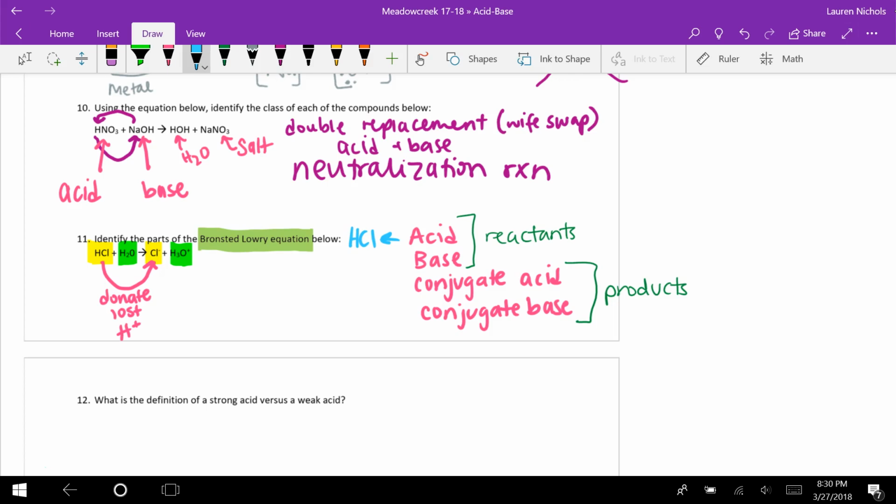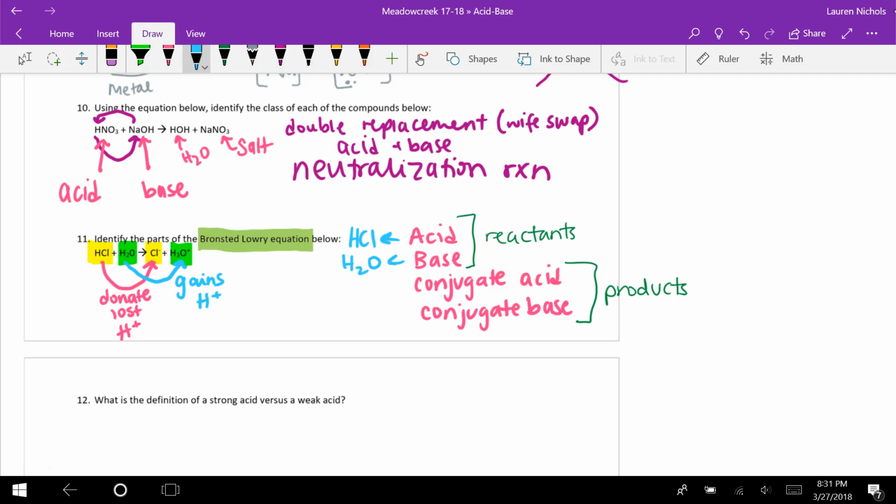By process of elimination, if that is the acid, the only other thing on the left side of the arrow is H2O, so it has to be a base. But just to confirm, if we look at how H2O becomes H3O+, we notice that it gains a hydrogen, which is our definition. So our base must be H2O.